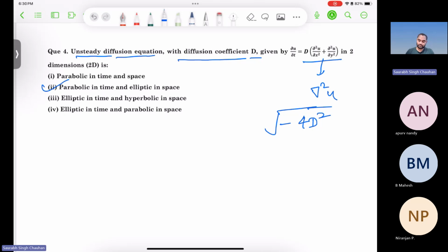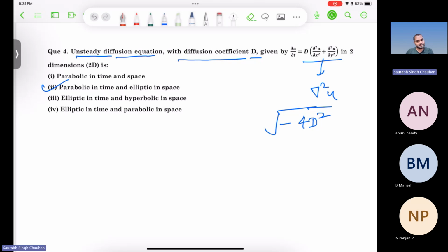In time, it will have one characteristic, right? It is a diffusion equation, unsteady diffusion equation. So this type of equations, you might have studied in heat transfer, right?